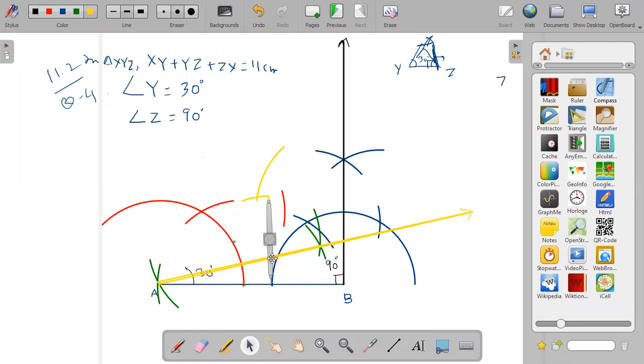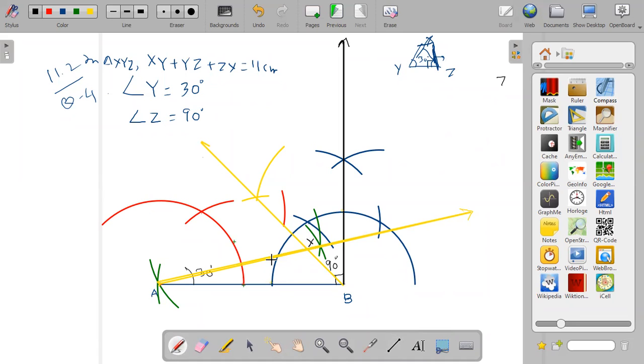So this is the angle bisector of 90-degree. Wherever they meet, suppose they are meeting at this point, this point will be your X point.